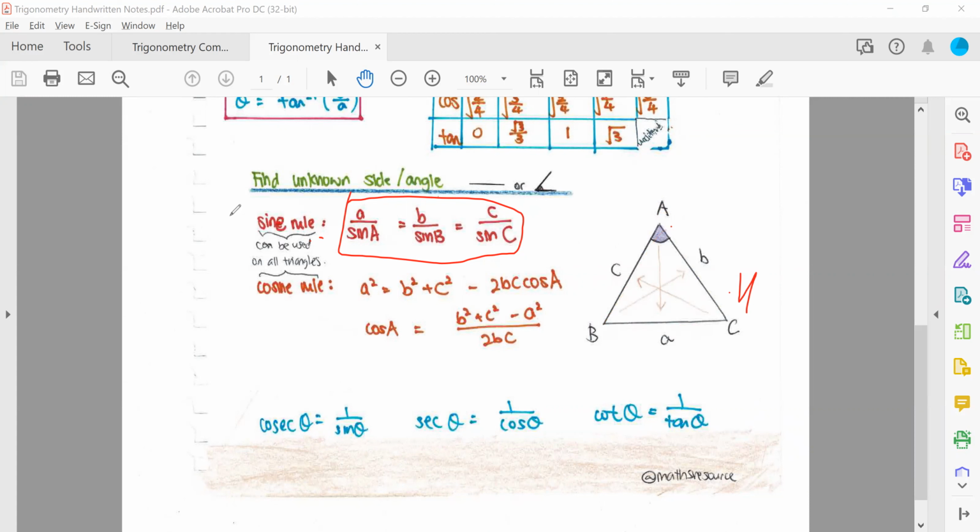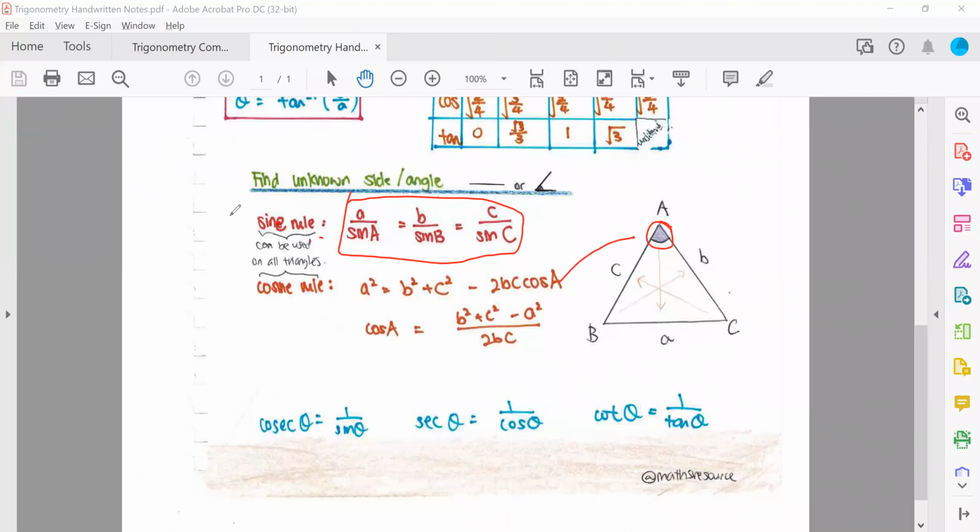Okay, so the cosine rule can also be used on all triangles, and the formula goes this way. a squared equals b squared plus c squared minus 2bc cosine A. So where do you know where this A is? This angle A will always be in between the two lengths, b and c. For example, I have this triangle with an unknown portion that I want to find, which is angle A, which is here.